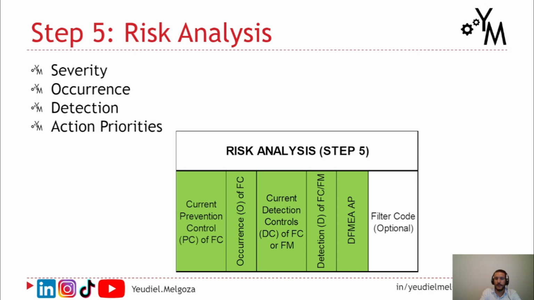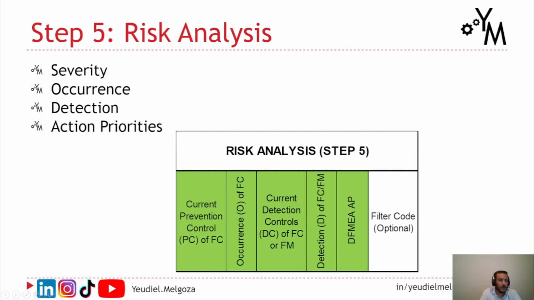In step number 5, the risk analysis, we assess every risk with three lenses, three ways of assessment. How bad is it? How often may it happen? And how likely are we to catch it? So this is what we define in severity, occurrence, and detection.